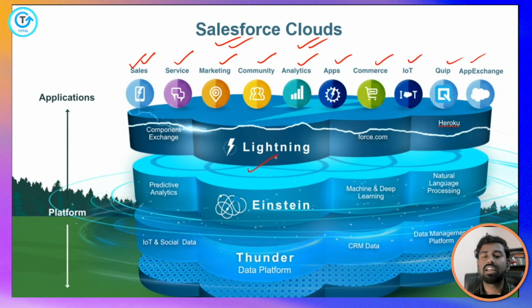You can see Lightning component, Force.com. There are many other tools acquired by Salesforce in the last 20 or 24 years. The first acquisition started around 2005, and from there onwards I think they have 100-plus companies in their portfolio, and they have a different strategy.